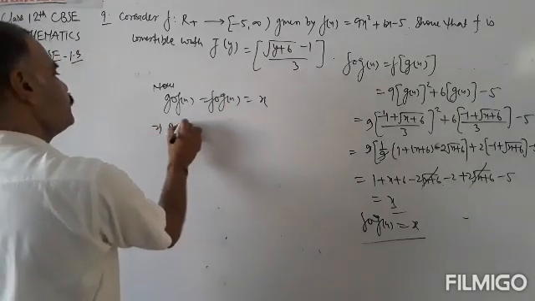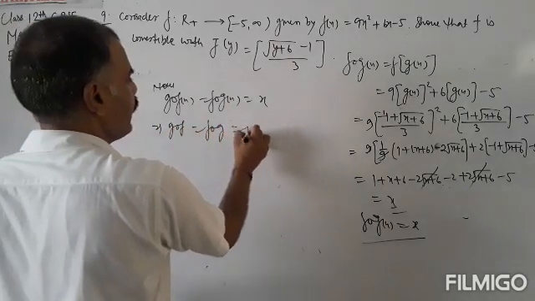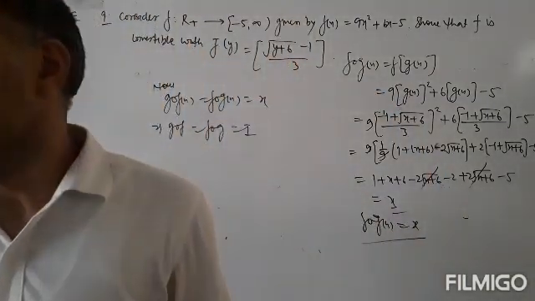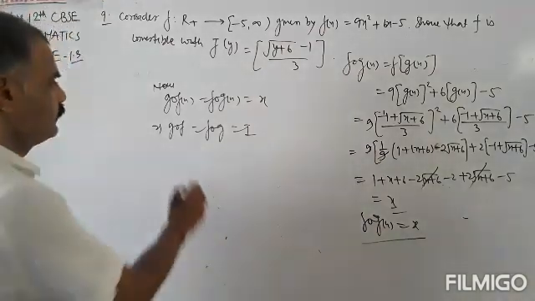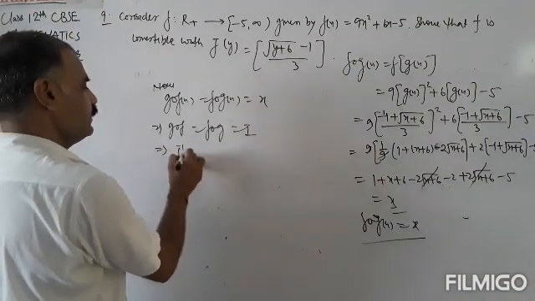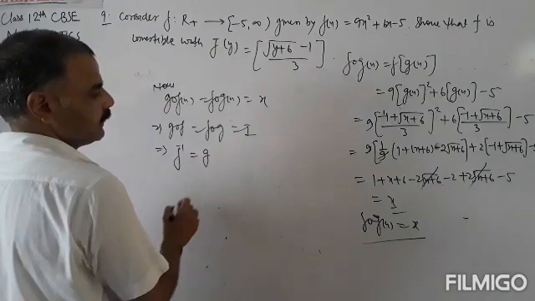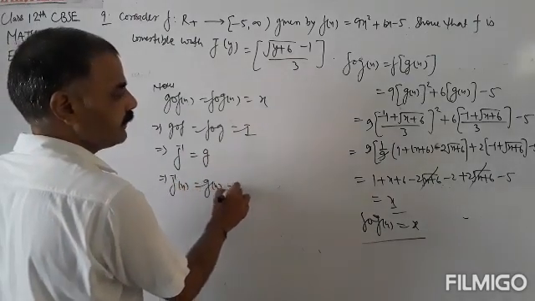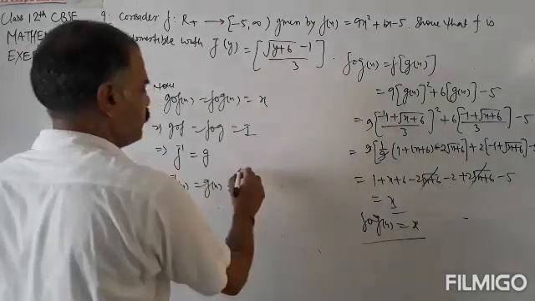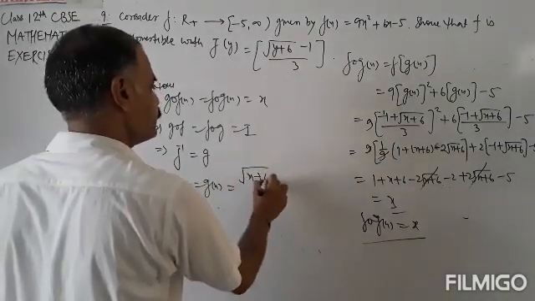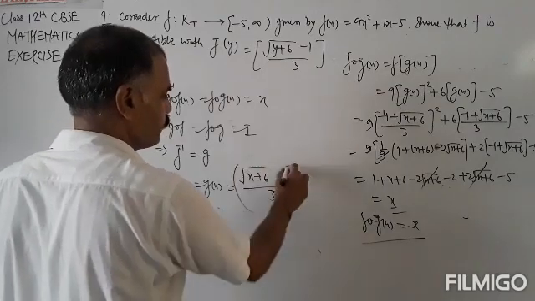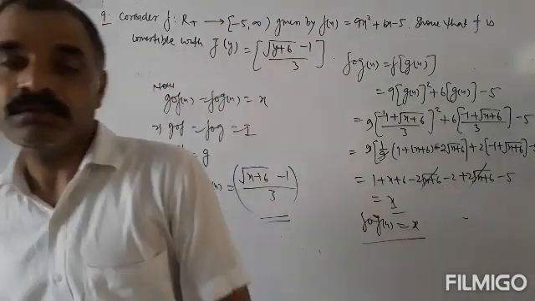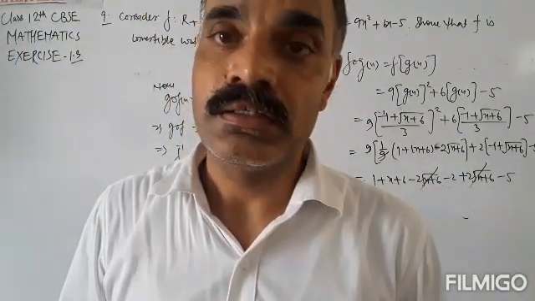That is gof equals fog equals identity. Okay. Now what does this identity say? This identity says that the inverse of f is equal to g. Means the inverse of f(x) equals g(x), and g(x) is equal to (under root x plus 6 minus 1) upon 3. Okay. So this is the answer of the given question.